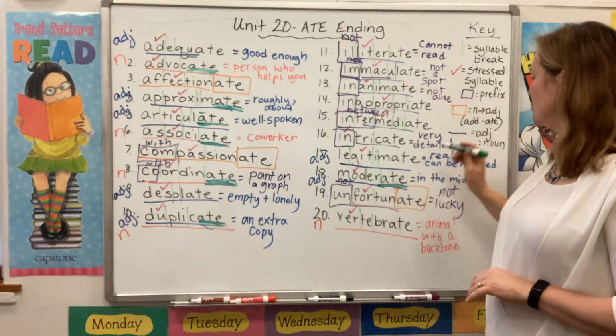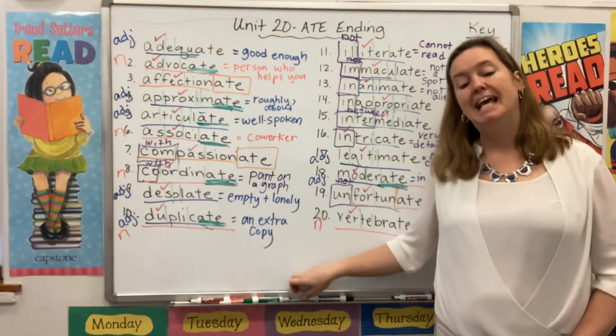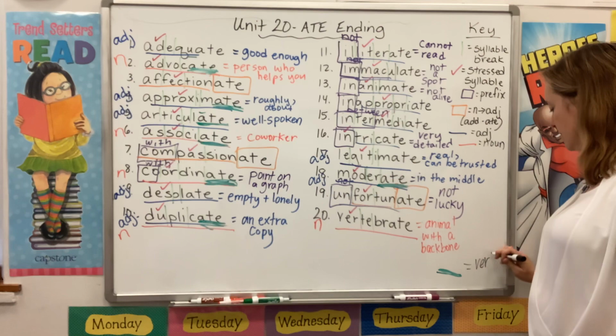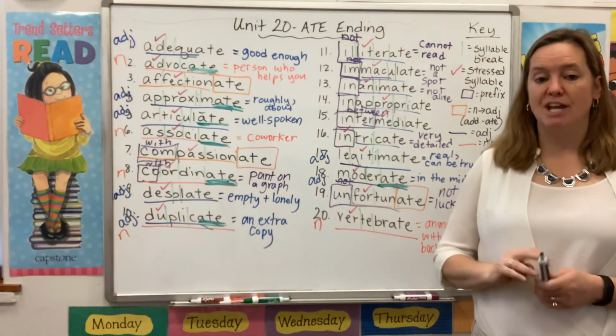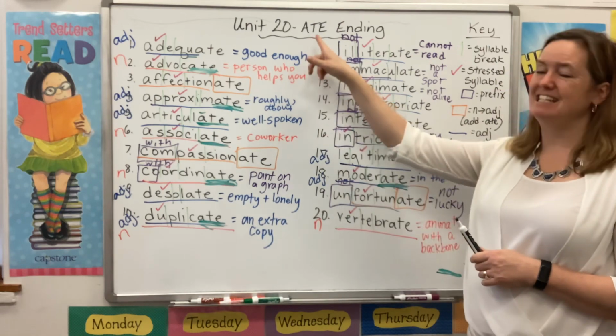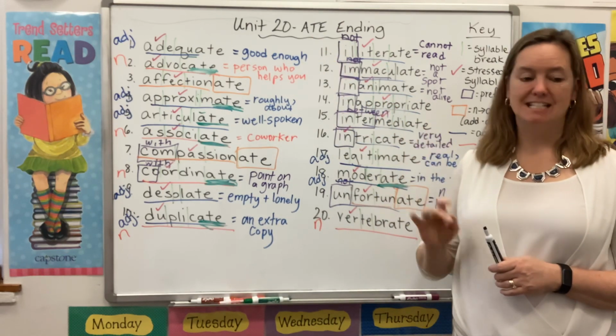And I think that's it. So all of these words, anything that I underlined with green, can be used as a verb, but we have to change the pronunciation, okay? We have to make that ATE long. Instead of saying ut, it becomes ate.